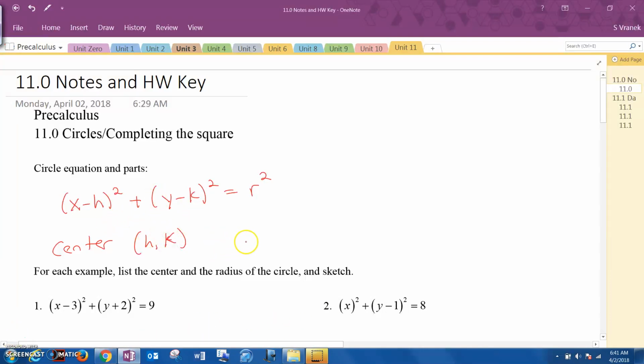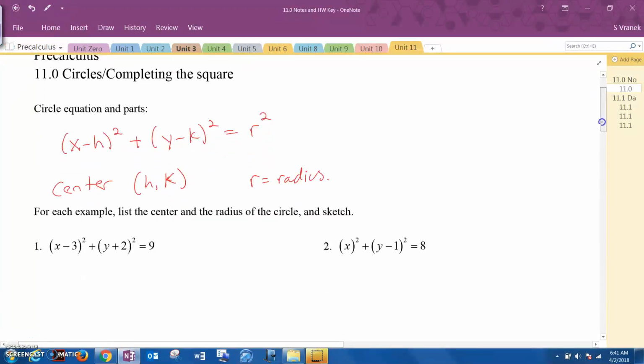The radius is just the square root of r squared, so r is equal to the radius. That's all you need to know: you take the opposite signs of x and y, that's your center, and take the square root of the thing on the other side of the equal sign.